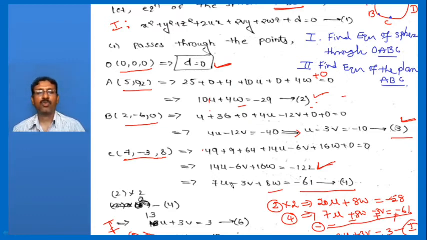Taking 2 common on both sides and cancelling, we get 7u minus 3v plus 8w equal to minus 61. This is equation 4. Finally I got 3 equations: equation 2, 3 and 4.